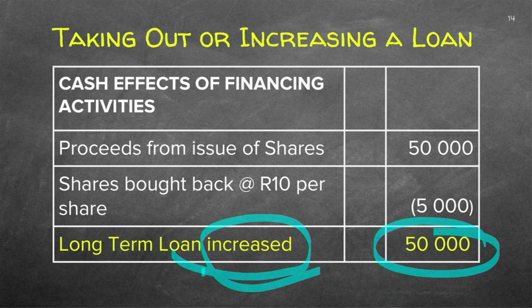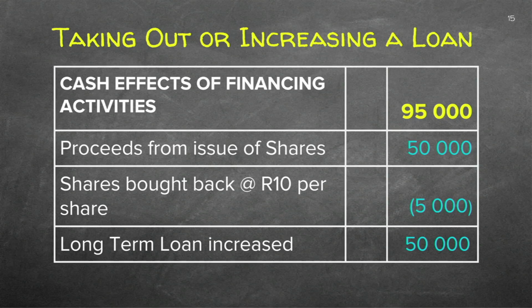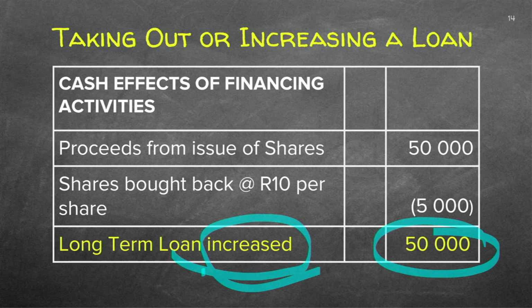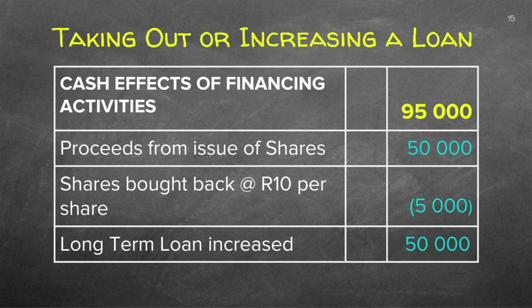If we take out a loan, money's flowing into the business. Obviously, if I take you back to that slide, you have to do what nobody's told you to do. Find out that amount.